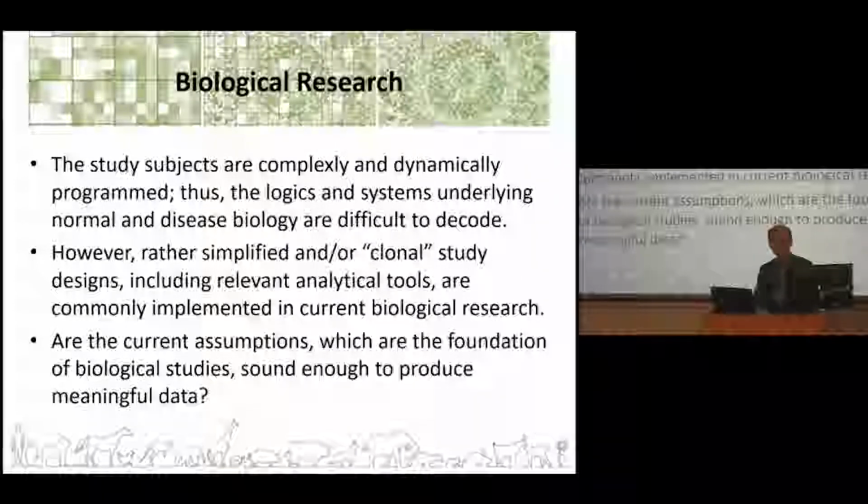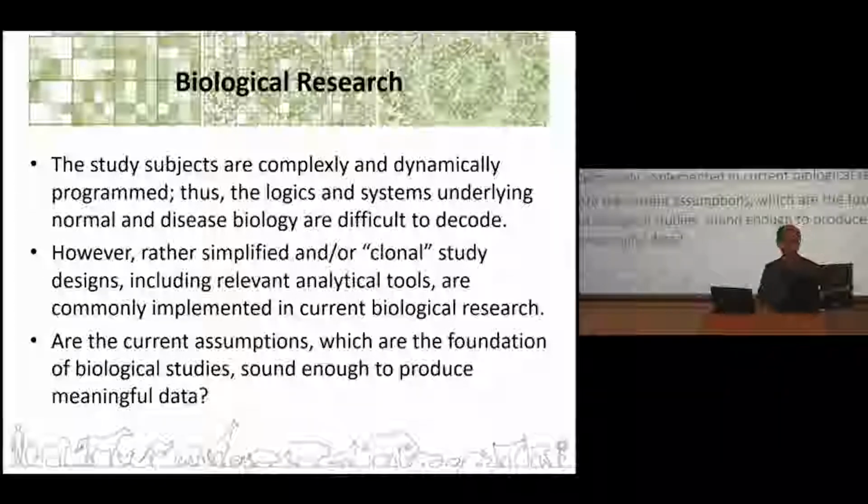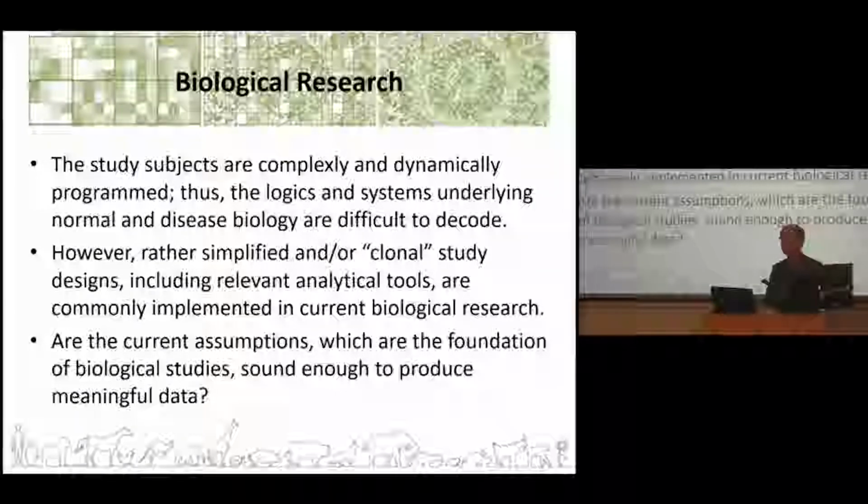However, researchers introduce rather simplified and often clonal study designs, including relevant analytical tools, in current biological research. So the question is, are the current assumptions, which are the foundation of biological studies, sound enough to produce meaningful data? Meaning, can we use that data for the care of our patients? Can we use the data to understand how plants grow?